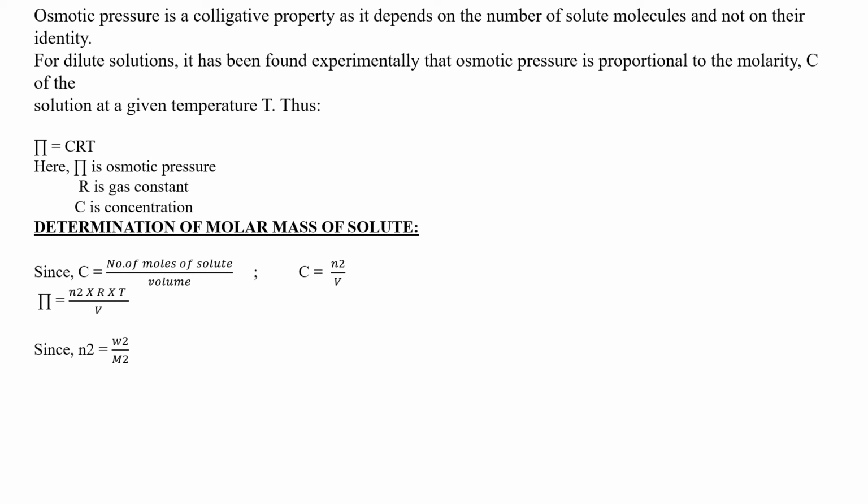Since the number of moles of solute equals mass of solute divided by molar mass of solute, on putting this into the equation we get pi equal to W2 into R into T divided by M2, which is molar mass of solute, into volume of solution. From this, the value of M2 can be calculated. M2 will be equal to W2, mass of solute, into gas constant into temperature, divided by osmotic pressure into volume.